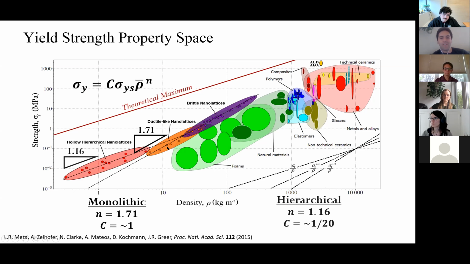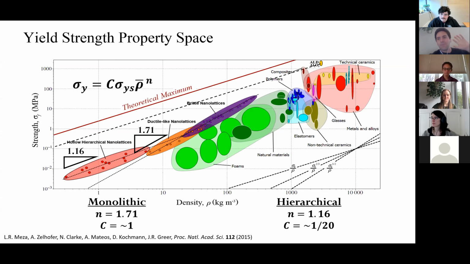And then for the hierarchical lattices, we were able to further extend that, get better mechanical properties, and actually go to ultra light weights. So here, as a frame of reference, the density of air is 1.2 kilograms per meter cubed. So that's right around here. So we were making things that were about a quarter of the density of air, which is fun. So I'm happy to talk about potential applications in vacuum balloons if anyone wants.